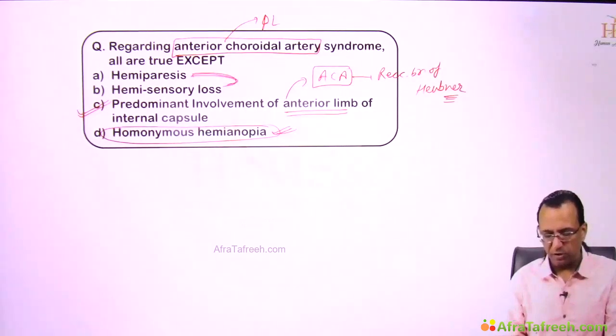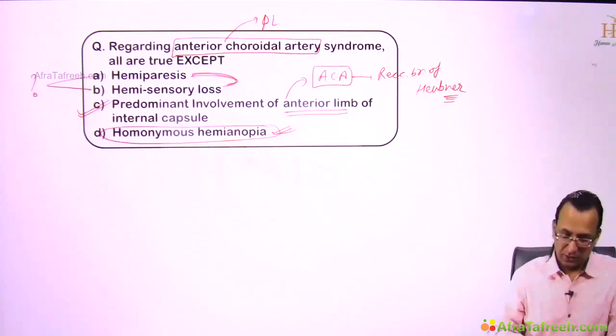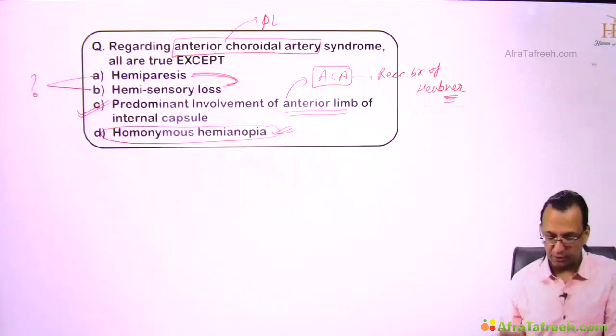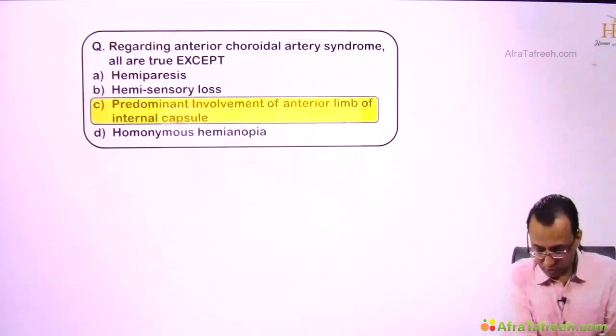Where is the sensory motor loss? Face. No, not the face. The sensory motor loss will be on the upper limb and the trunk and the lower limb, not the face, because this is going to compromise posterior limb of internal capsule. So keep your answer as choice number C and move further.